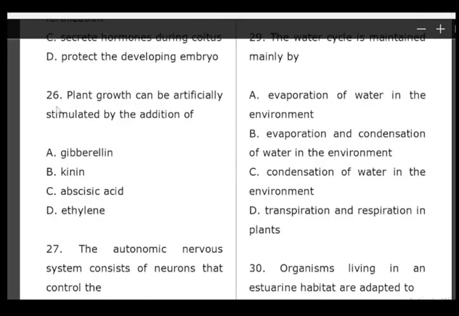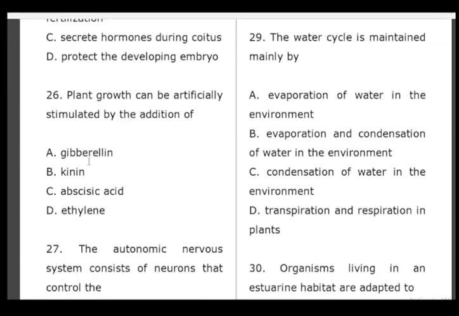Plant growth can be artificially stimulated by the action or addition of A. Gibberellin, B. Quinine, C. Abscisic acid, and D. Ethylene. Now, these are all plant hormones and they have different functions. So let us quickly look at their functions, starting with gibberellin.